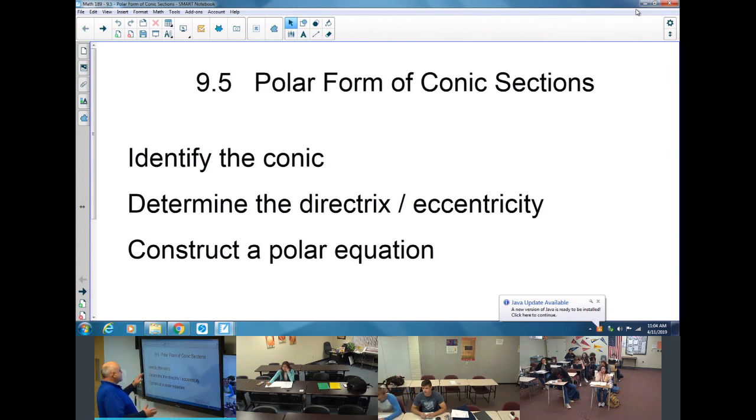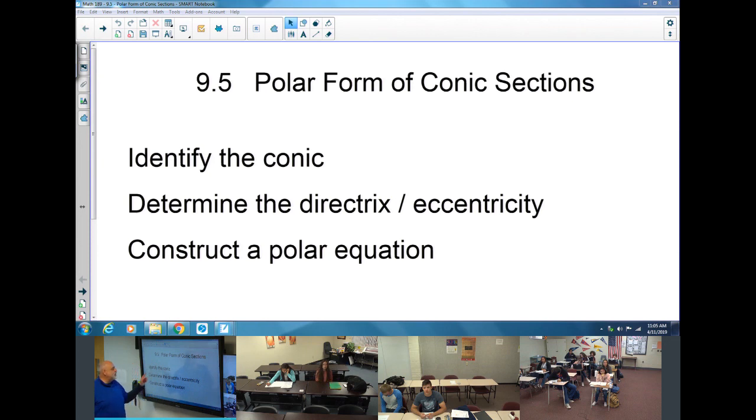So it helps to remember some of the stuff in chapter 8 on polar form, as well as the conic sections. So the polar form of conic sections. Now, those of you that go on to take calculus, in calculus 3, we actually go through and do this very same section again, almost identical to this right here. So anyway, it's a good review.